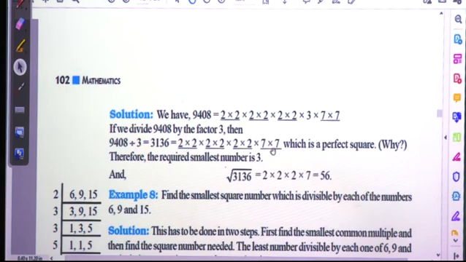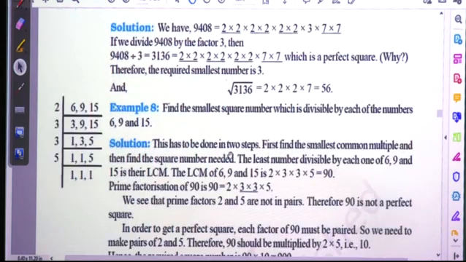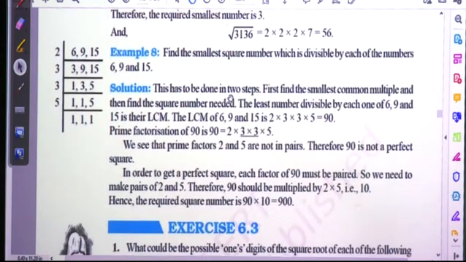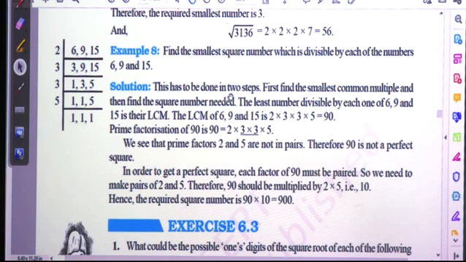Hence, all the factors are in pairs, hence it is a perfect square. Therefore, the required smallest number is 3, and the square root of 3136 is 2 into 2 into 2 into 7, which equals 56.